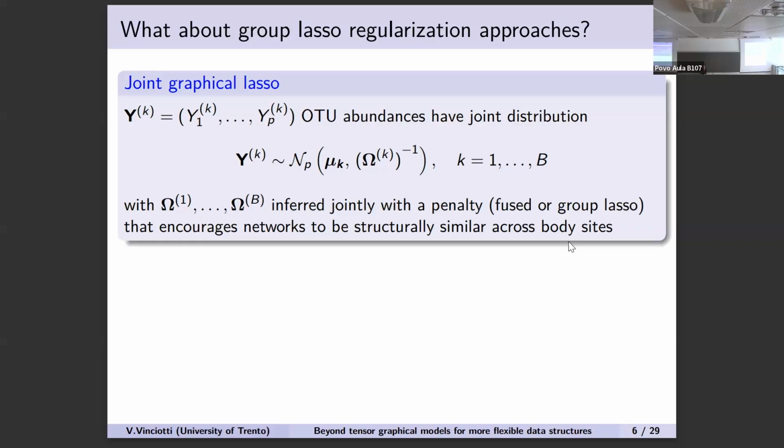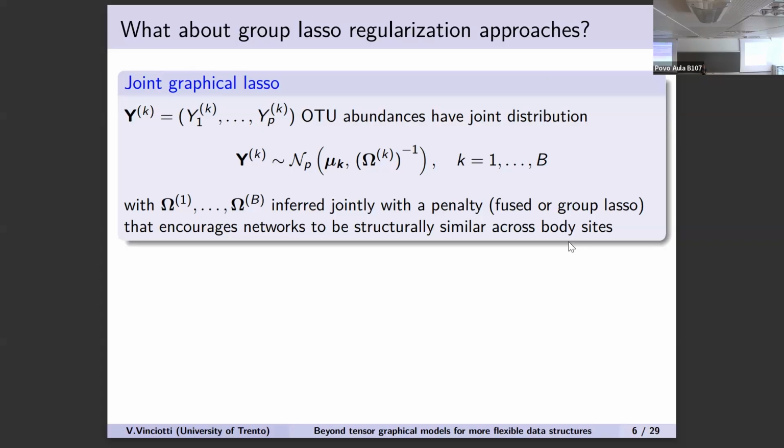So quite a lot of parameters, but instead of thinking of some structure for the overall matrix, as before, we could infer the parameters with some penalization or regularization, which basically says that we expect these networks to be similar to each other.